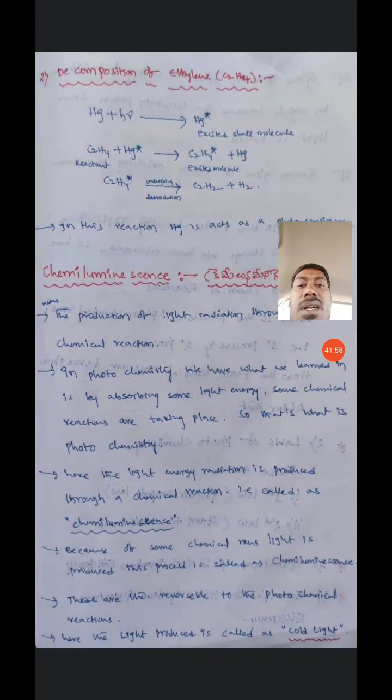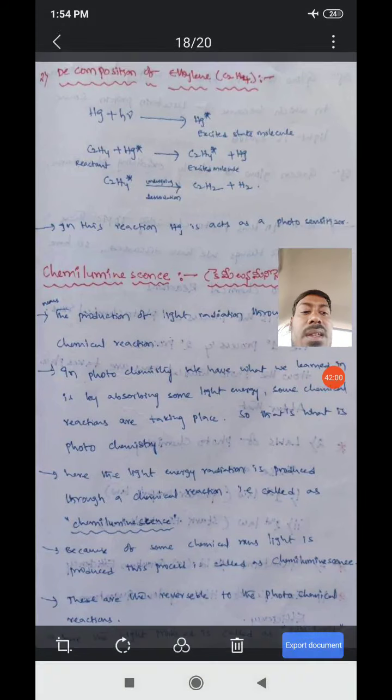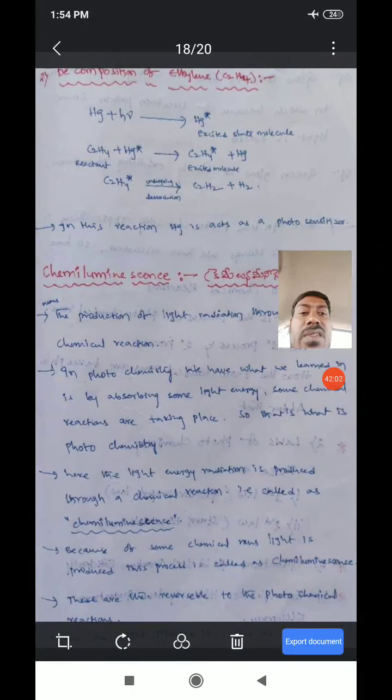Then next, the decomposition of ethylene, C2H4. In this reaction, mercury absorbs the light energy and goes to an excited state. Here Hg star is the excited state molecule, and C2H4, ethylene, is the reactant molecule.